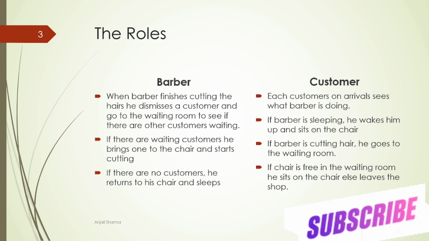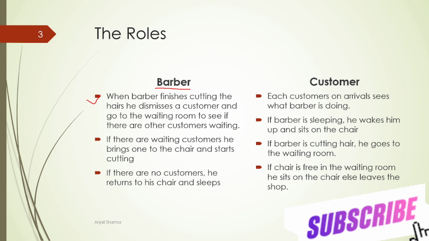These are the roles of the barber and the customer. It is a very important classical synchronization problem, so I am teaching it in pretty good detail. You can see the roles of the barber first. When the barber finishes cutting hair, he dismisses the customer and goes to the waiting room to see if there are other customers waiting.